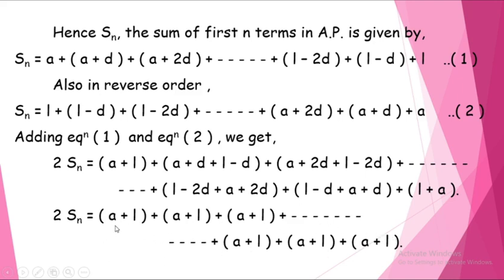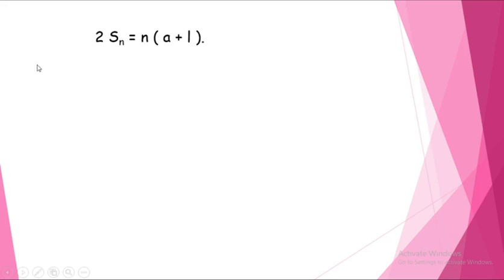That means this addition of A plus L term will be n times. Hence we can write twice Sn is equal to n times A plus L. This can be written as Sn is equal to n by 2 into A plus L, equation number 3. We divide this 2 on this side, we get n by 2 into A plus L.